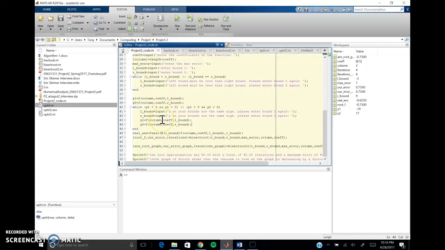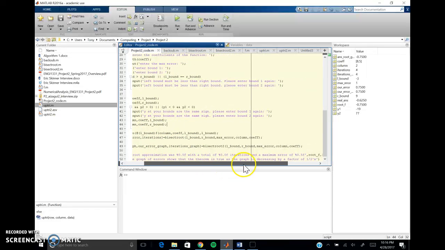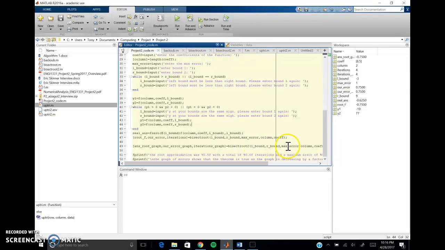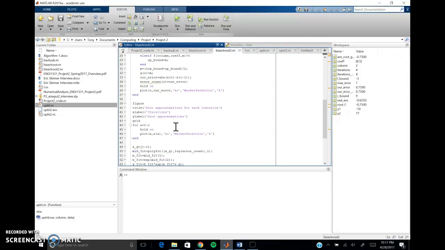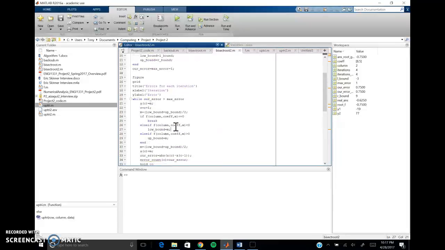So you can come back here, and we're going to send all the same elements to your bisect root 2, which essentially is just setting it up to be plotted.